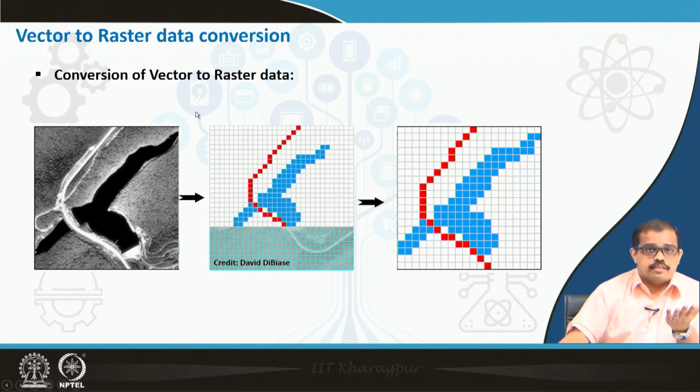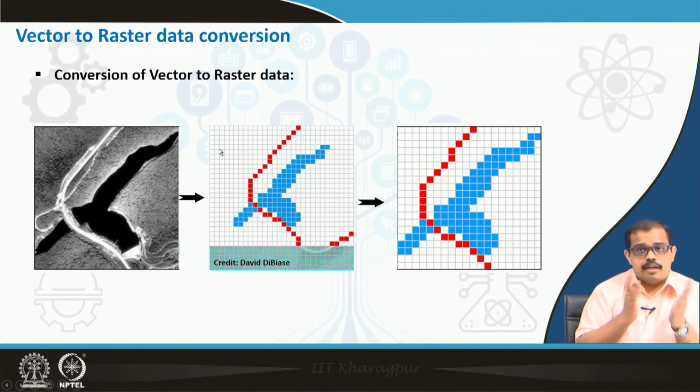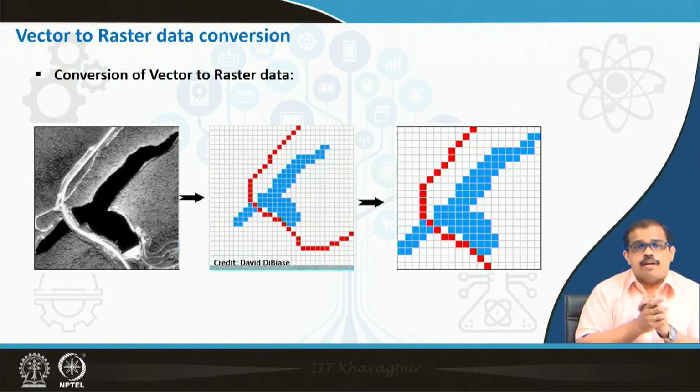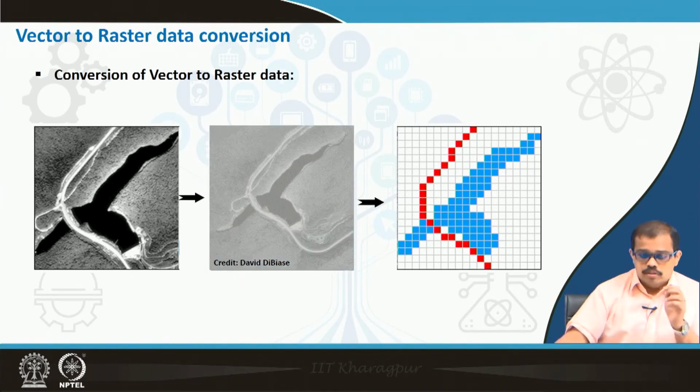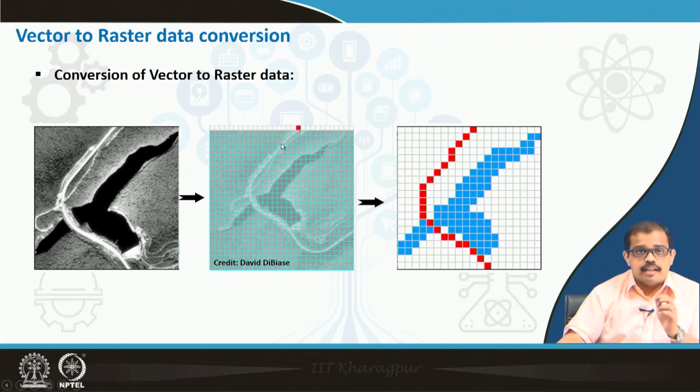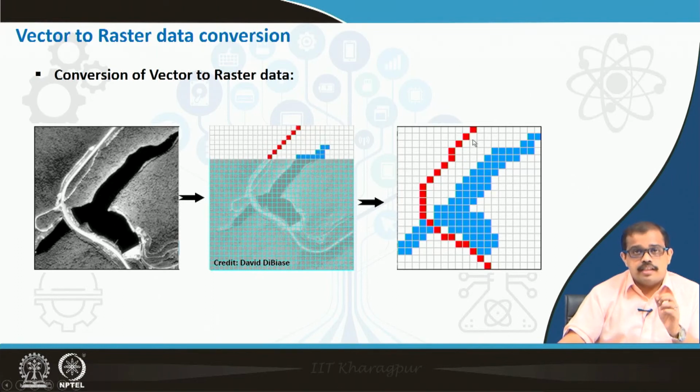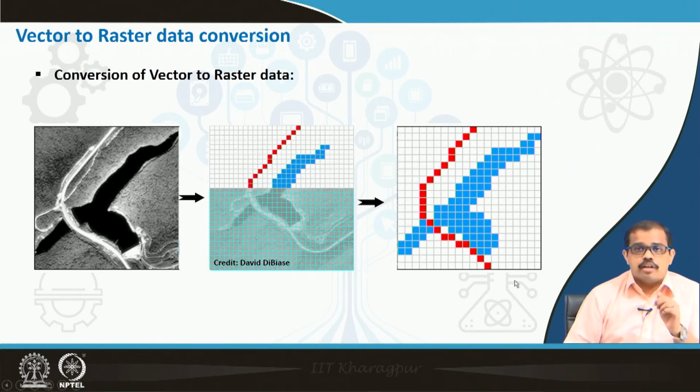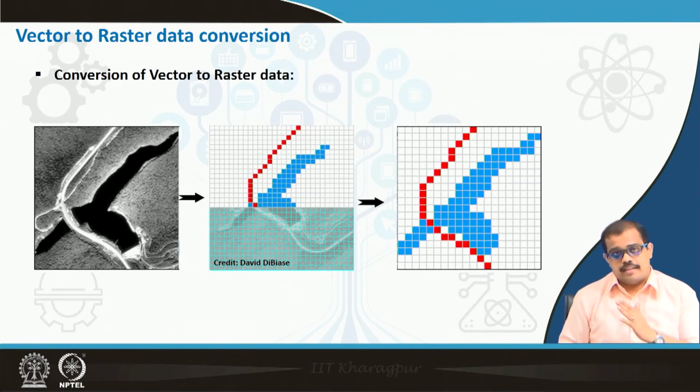See, these are different cells in a grid and both of them will have the same coordinate system, the same projection and the same way of looking at it. So, now this particular line is converted into a feature in the form of pixels. You can see here every line is nothing but pixels that have been put here. Okay, that is how you convert vector data to raster data.